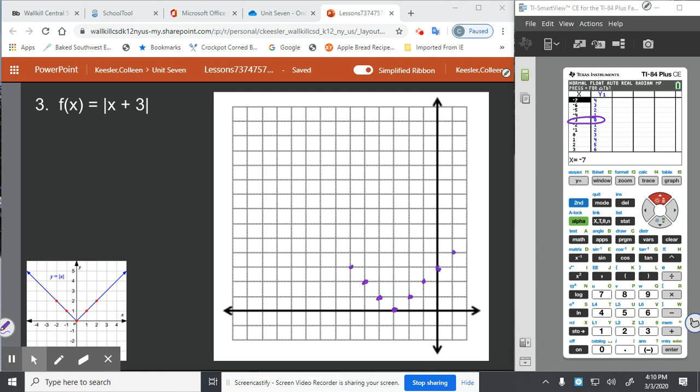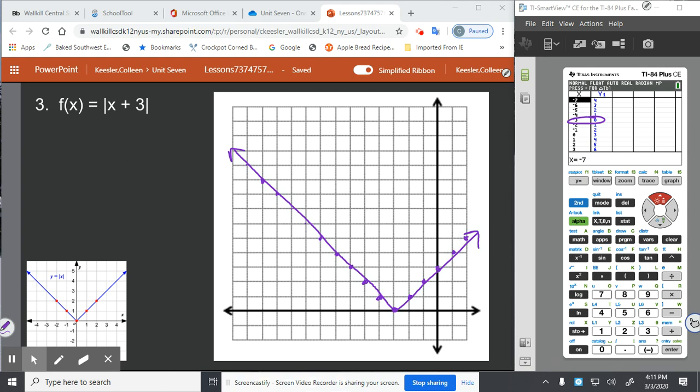So I can build my graph in both directions, using up most of the space, so it's obvious that I understand what the entire function would look like across the coordinate plane. Arrows on both ends to show that it would continue since we weren't given a domain to graph.